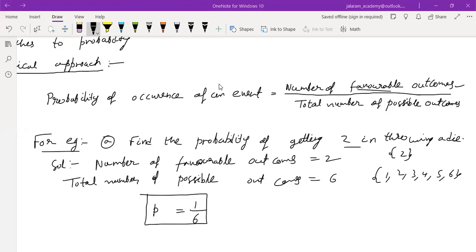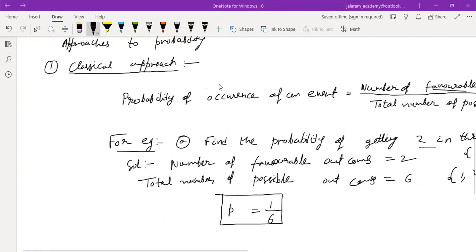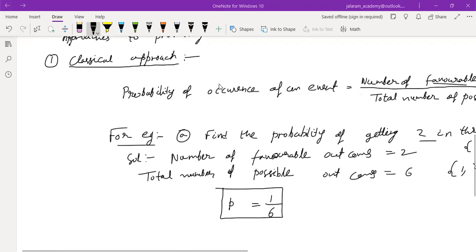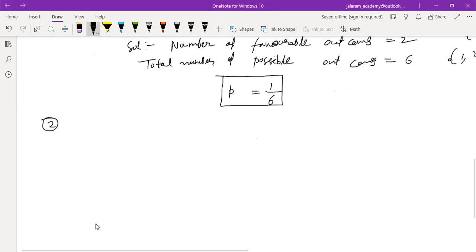So this classical approach we have studied in previous classes also. But when there are different types of events, which are called compound events, which are obtained by combining 2 or more than 2 simple events, then it is very difficult to use this classical approach. So we will study about other approach also, which is called axiomatic approach to probability.